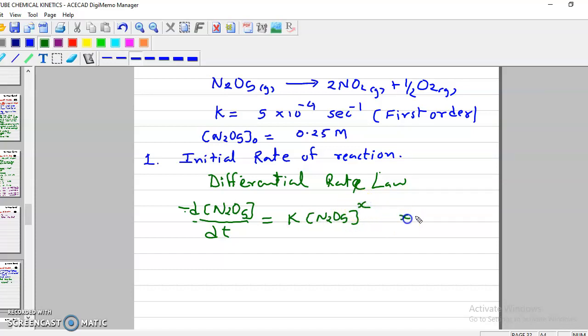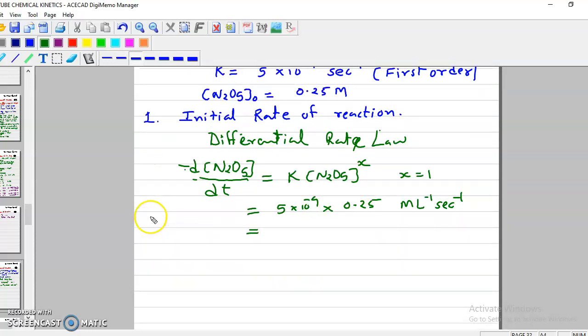As it is a first order reaction, x is equal to 1, and this is the initial rate of reaction. Therefore this is equal to K, which is 5 into 10 raised to minus 4, into the initial concentration of N2O5, which is 0.25, and the unit will be mole per liter per second. That is 5 into 0.25, whatever the answer is, which you can calculate easily.